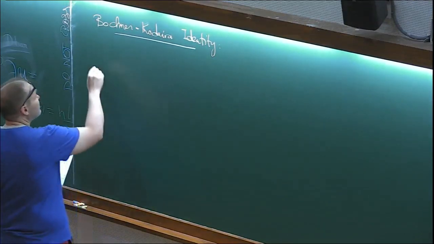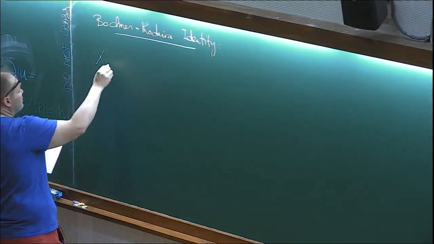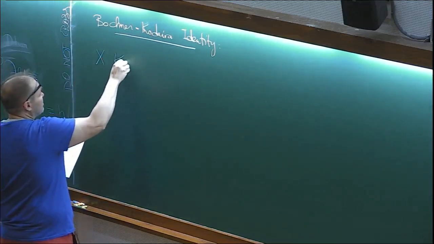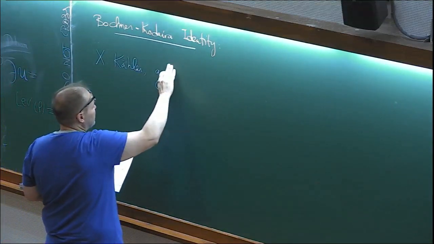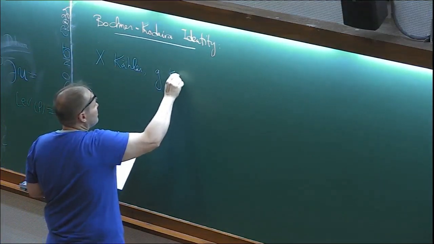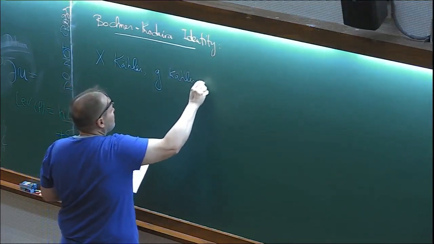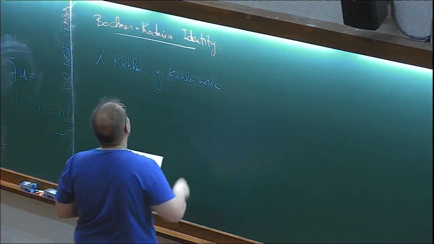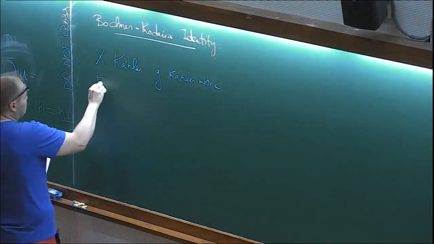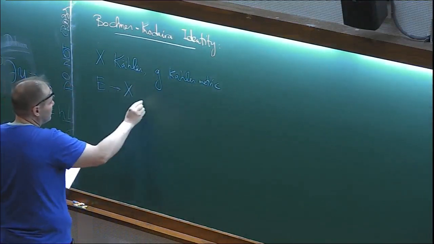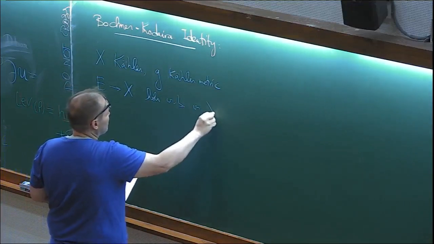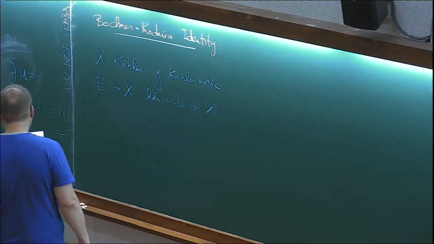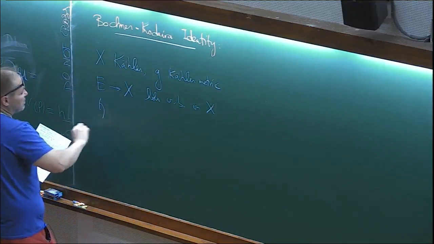Okay, so the data is going to be a Kähler manifold. X will be Kähler, and g will be a Kähler metric. Then we're going to have a holomorphic vector bundle E on X, and it'll have a Hermitian metric.